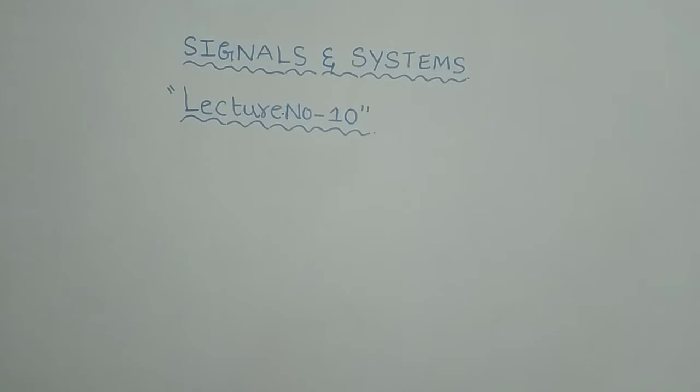We are continuously studying various subjects. We have started the control system and covered some portion of it, and then we started another very important and brilliant subject, signals and systems, in which we have seen the basic definition of signal and then classification of signals.